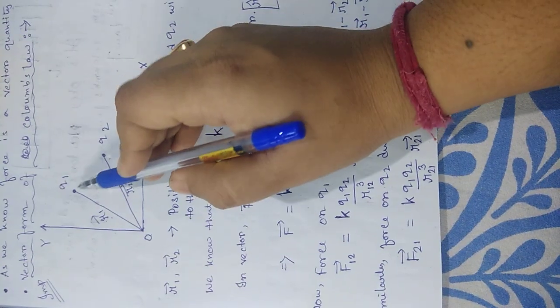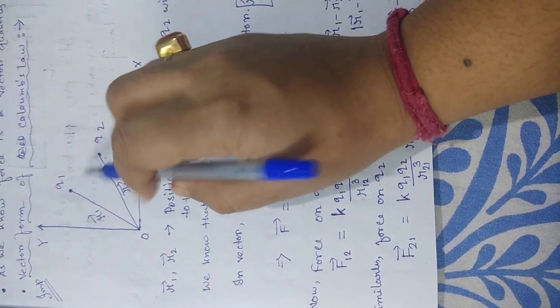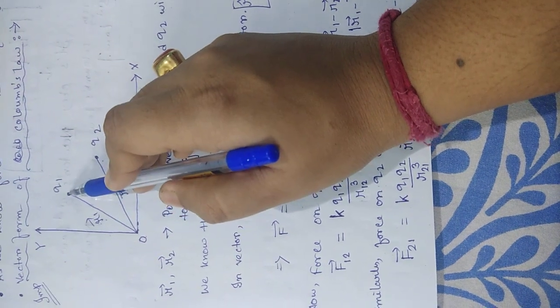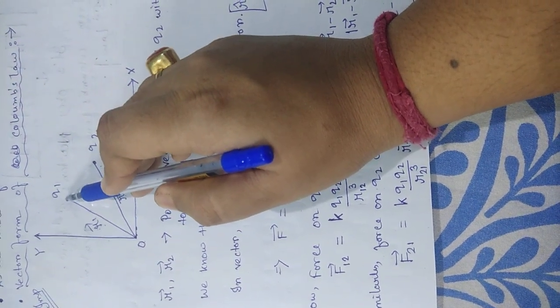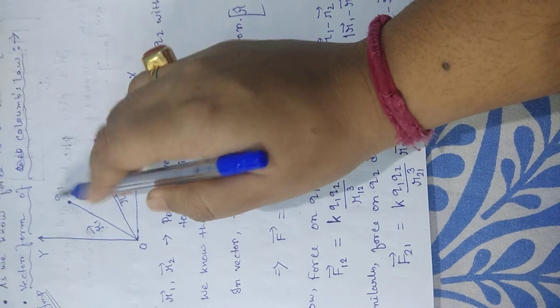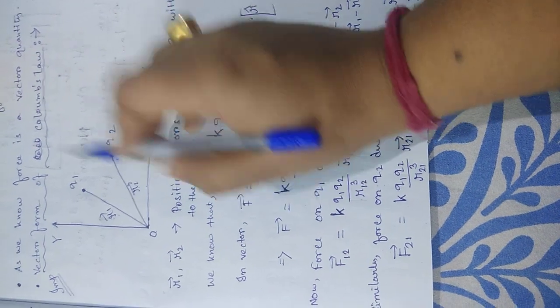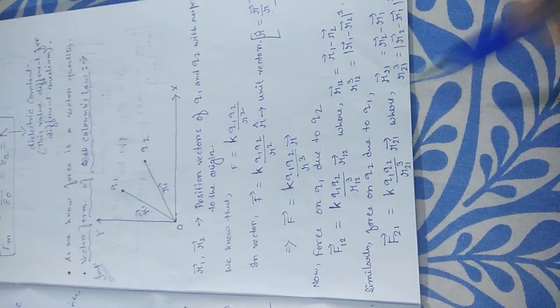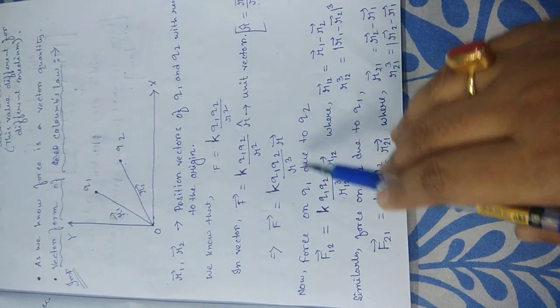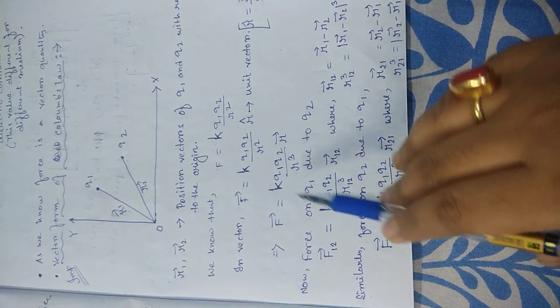Now when these two charges are placed this way, we consider the force applied on q1 due to q2, and another force applied on q2 due to q1. So we get two expressions. First, the force on q1 due to q2. How do we represent the force on q1?